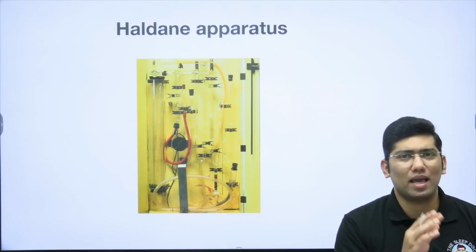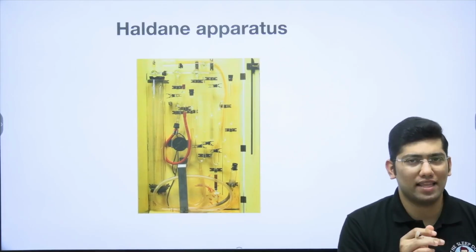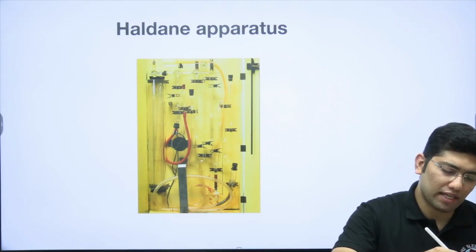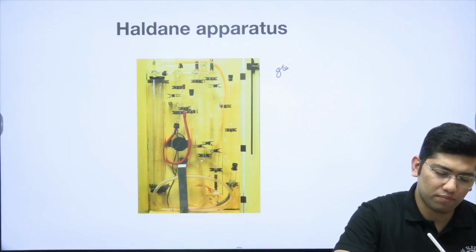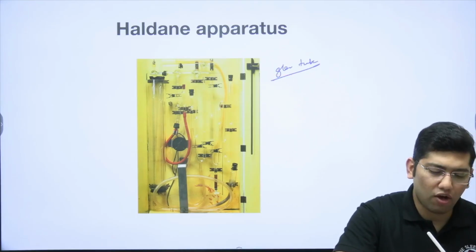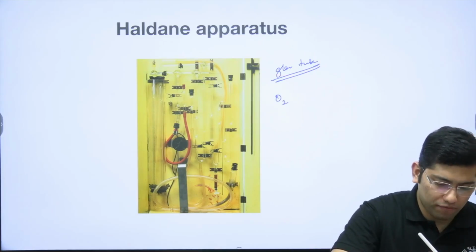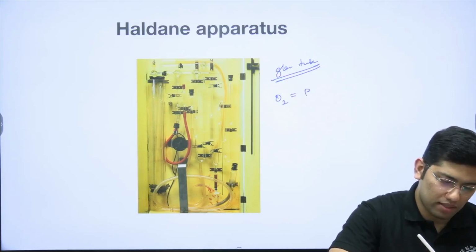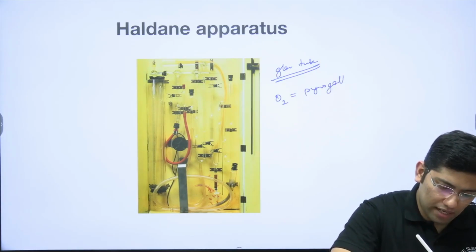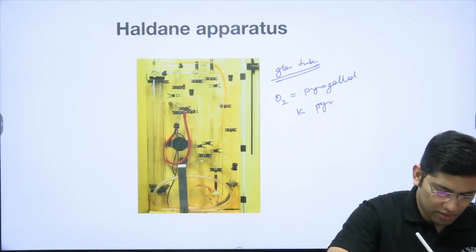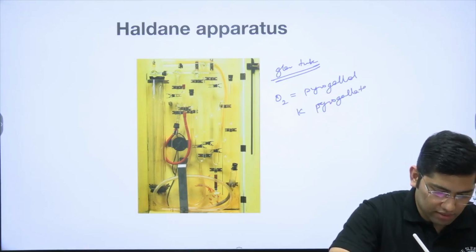Last one, the chemical apparatus or Haldane apparatus. So it's an old apparatus. It consists of a glass tube with an oxygen absorbing substance. A powerful oxygen absorber is pyrogallol or potassium pyrogallate.